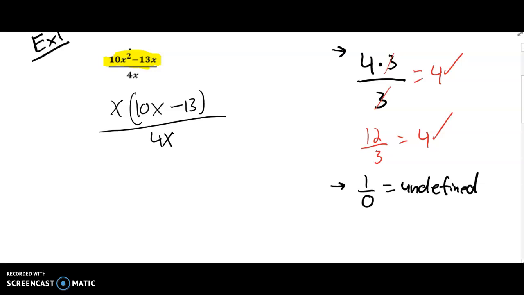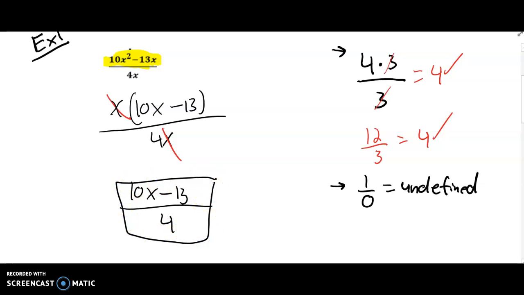Okay, everything's being multiplied, so I'm good to cancel. So I can cancel this x with this x, and we're left with 10x minus 13 over 4 as our final simplified version. In this case, there are no excluded values because nothing can make the denominator 0.